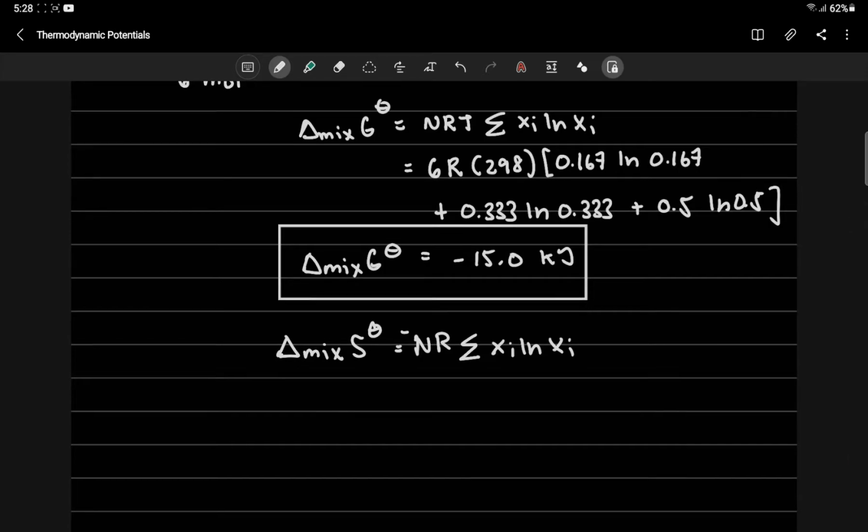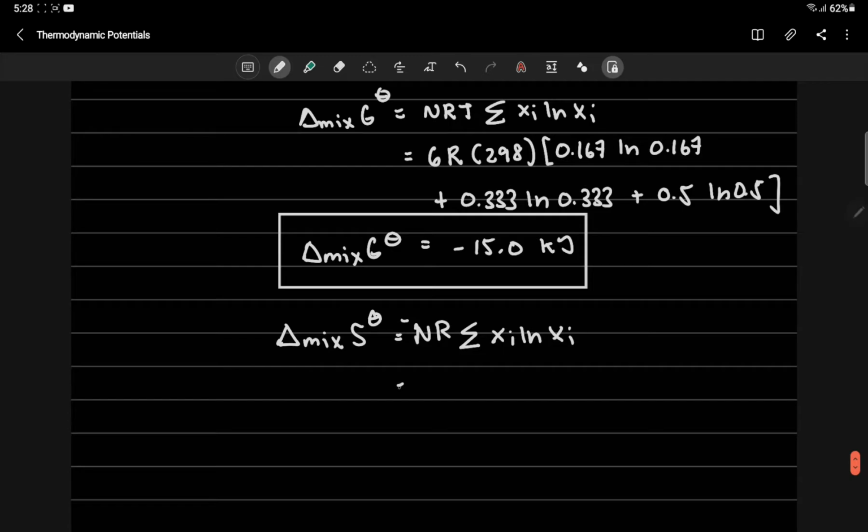Or what you can do is just take the value of the Gibbs free energy of mixing and divide by the temperature. Okay? Tapos take note na negative siya. So, you will get in joules, no, 50.3 joules per Kelvin. Yan yung sagot for the entropy of mixing.